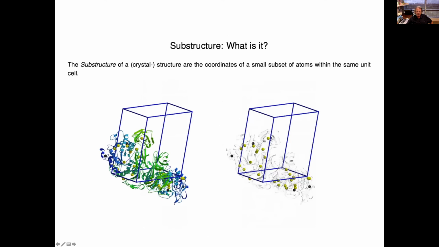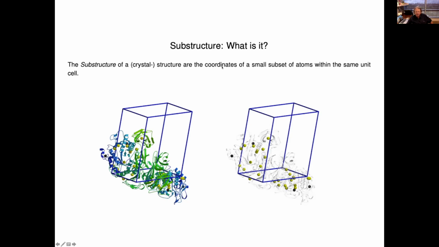And this is sort of reminiscent of the direct methods that I talked about. You have a sparsely populated unit cell of heavy atoms. The carbon, nitrogen, and oxygen are kind of like noise.